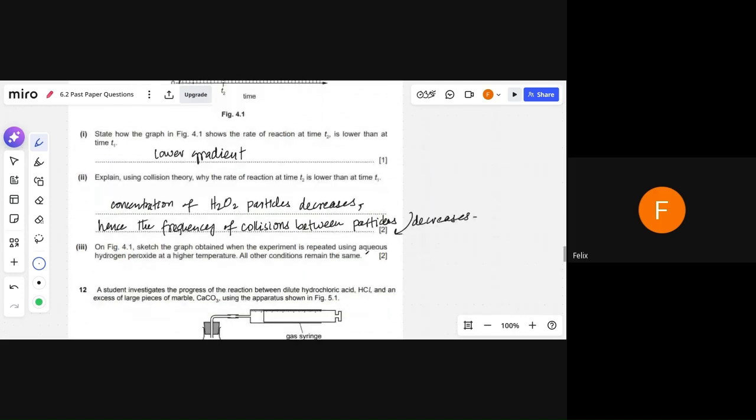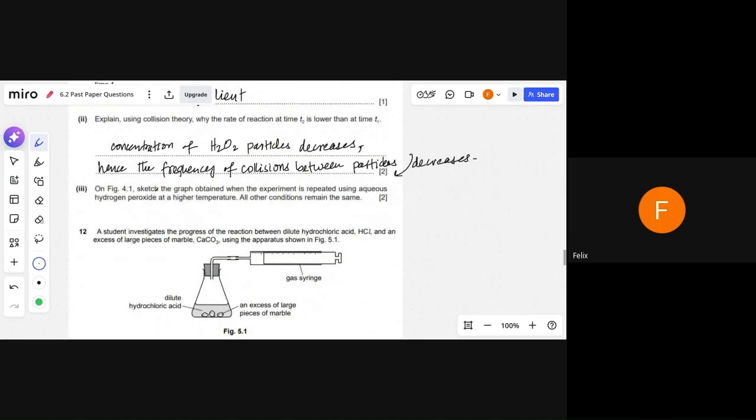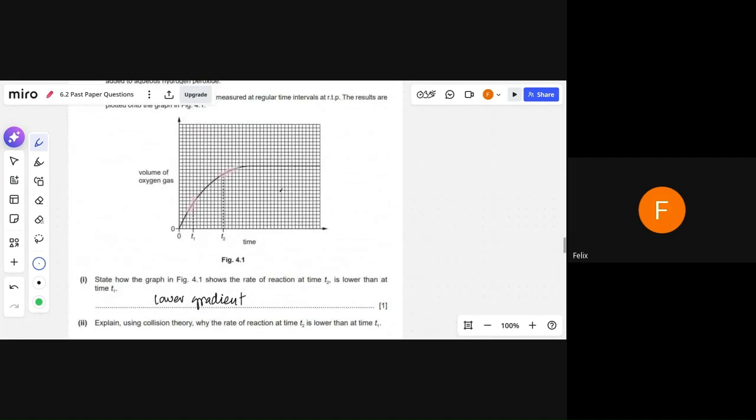Okay, so now on figure 4.1, sketch the graph obtained when the experiment is repeated using aqueous hydrogen peroxide at a higher temperature. All other conditions remain the same, right? So again, a steeper curve which does not cross the original curve.